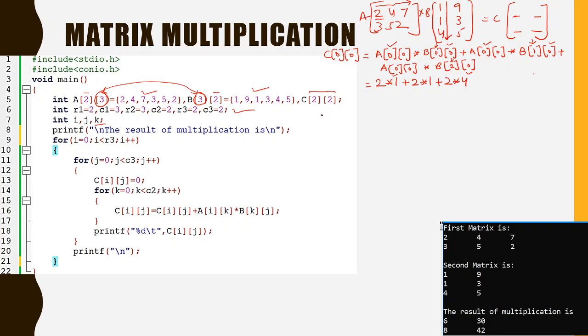I will write C01 also, so that it will be clearer. For getting C01, let me write mathematically first. For getting this C01, for this particular element, what you do is you just take.